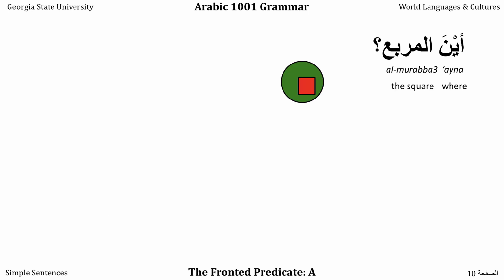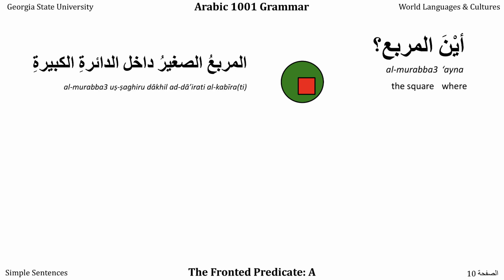We can ask the same question and get the same answer, only this time we're going to do it in fancy Arabic, and this will have us introduce something new. So here we're going to say, al-murabba as-saghir dakhil ad-da'ira al-kabira, which is a bit of a mouthful and sounds fancy even to a native speaker, but is just fancy for how to say the small square is inside the big circle.